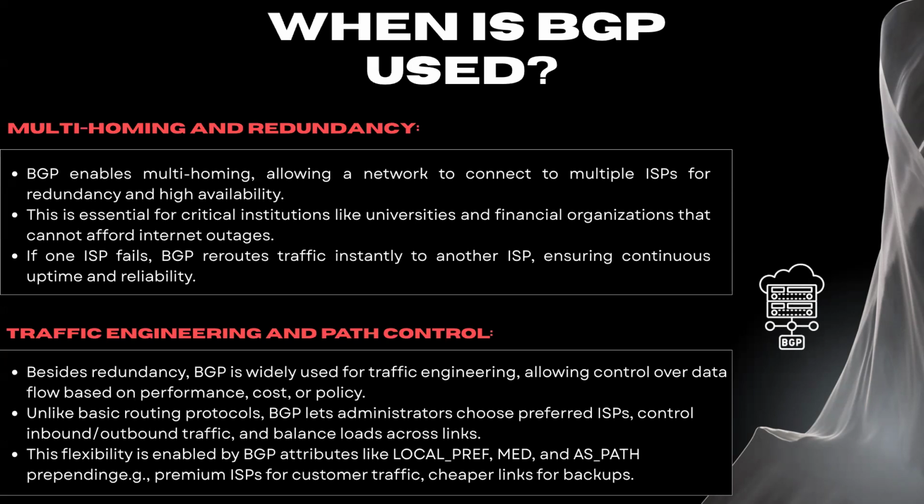Unlike basic routing protocols, BGP lets administrators choose preferred ISPs, control inbound and outbound traffic, and balance load across the links. This is very flexible, enabling BGP attributes like local preference, MED, and AS path, preferring premium ISPs for customer traffic and cheaper links for backups.